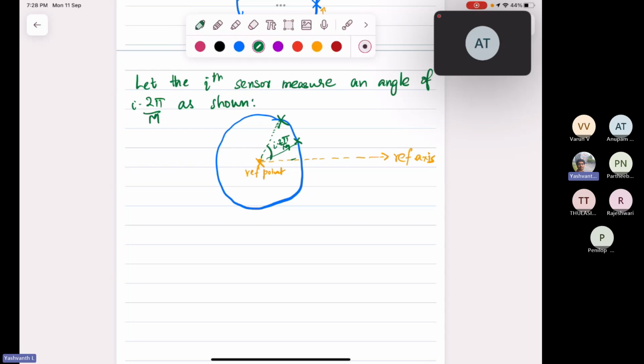The first sensor makes 2 pi by M angle, and my ith sensor makes an angle i times 2 pi by M.